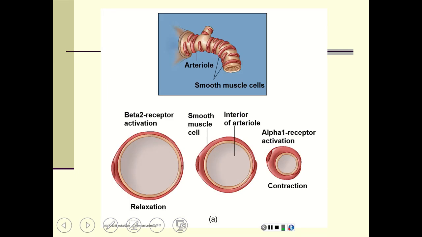So we're going to look just a little bit, we'll be talking a little bit more about these vascular effects of these drugs, because epinephrine, for example, is used as a drug. Norepinephrine is used as a drug. And so predominantly what we're seeing with the beta-2 effect is relaxation of the smooth muscle that lines the vasculature here, and an opposing alpha-1 receptor mediated effect causing contraction of the smooth muscle, which would manifest as vasoconstriction.